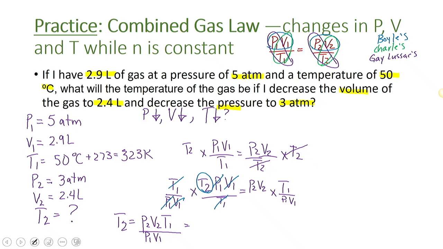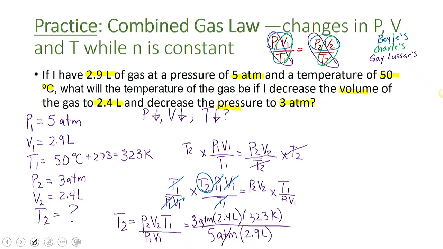Okie dokie. So I've got 3 atmospheres times 2.4 liters times 323 kelvins, all divided by 5 atmospheres times 2.9 liters.